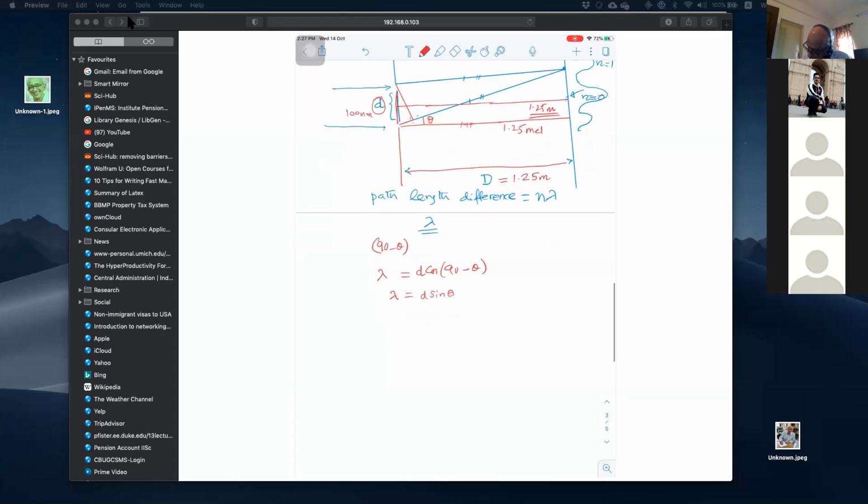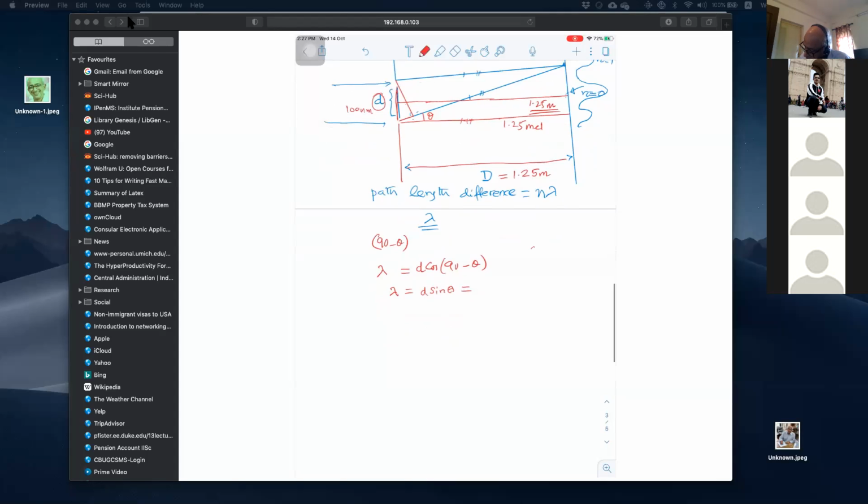So now what will happen? I want to calculate d sine theta. If theta is very small, sine theta is approximately tan theta. Is that fine?